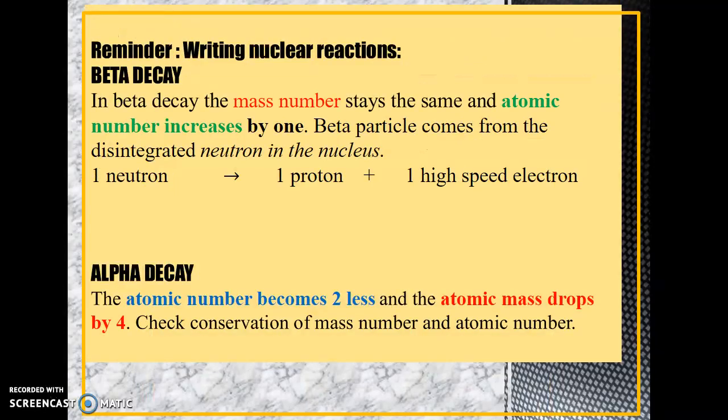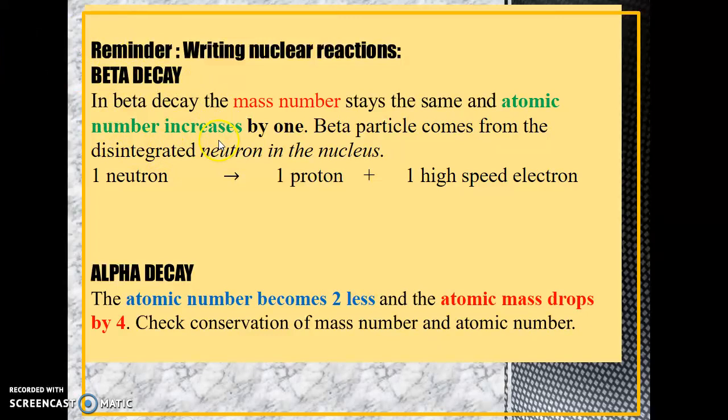Just a reminder about writing beta decay equations. If you recall beta decay, what happens is that a neutron in the nucleus decays and becomes a proton plus a high energy, high speed electron.